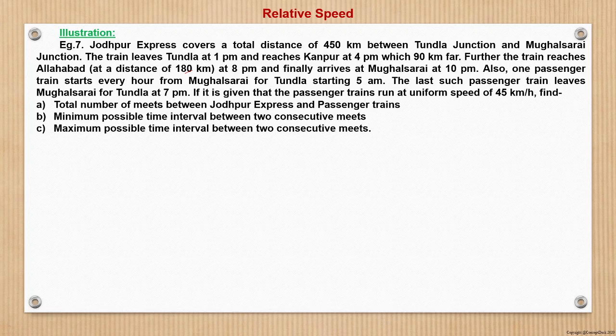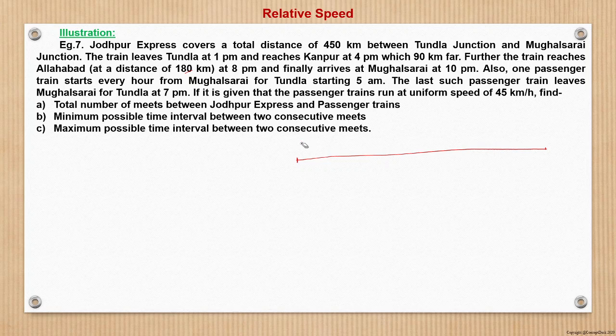So let us first try to understand the problem and then we will move ahead with the solution. So I will try to draw the problem first. Let this be Mughal Sarai Junction.